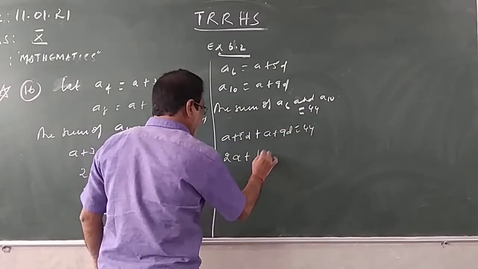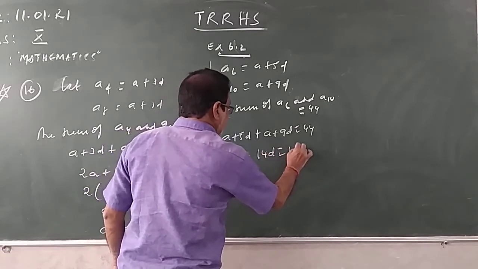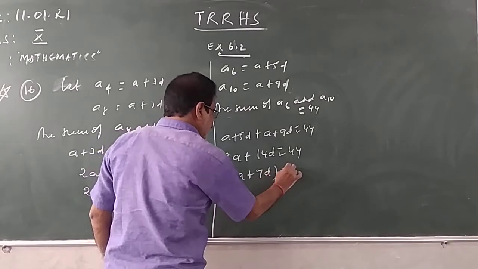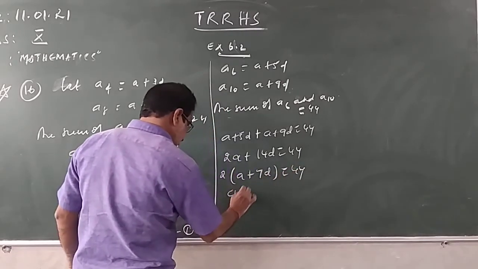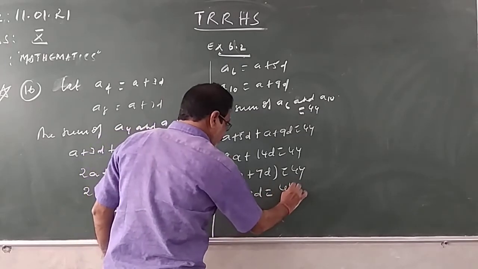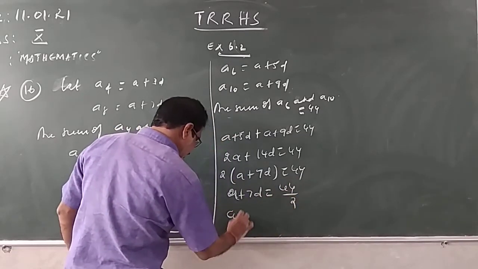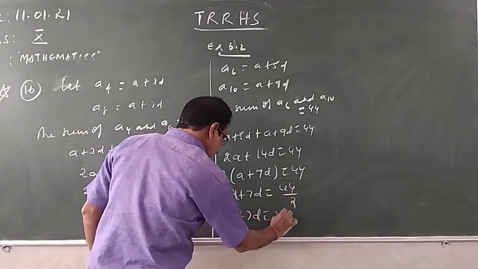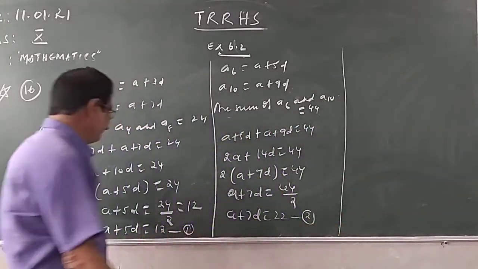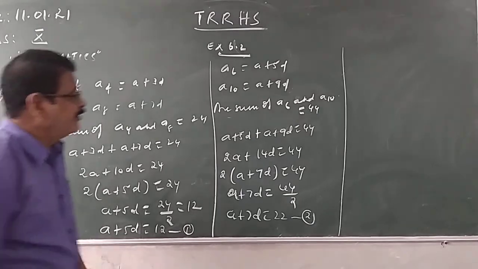So 2a plus 14d is equal to 44. Taking 2 common, a plus 7d is equal to 44 by 2, so a plus 7d is equal to 22. This is the second equation.